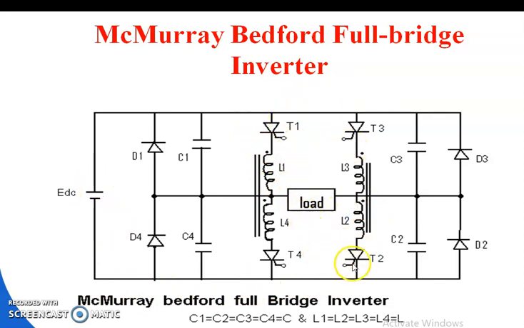Whenever T1, T2 turn off, T3, T4 start conducting, so the path of the current will be EDC, T3, L3, load, T4, L4, again returning back to the source voltage EDC. In this way T1, T2 will be conducting. At the same time, T3, T4 are in commutation mode, and T3, T4 are turned on for commutating the thyristors T1 and T2. So this process will be continued.